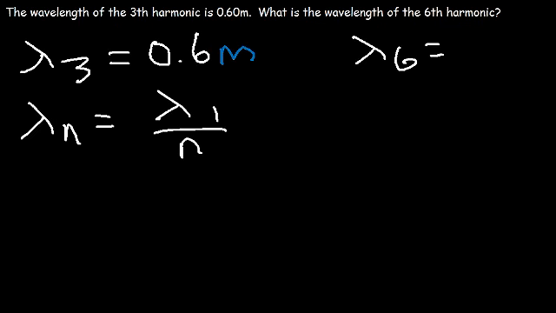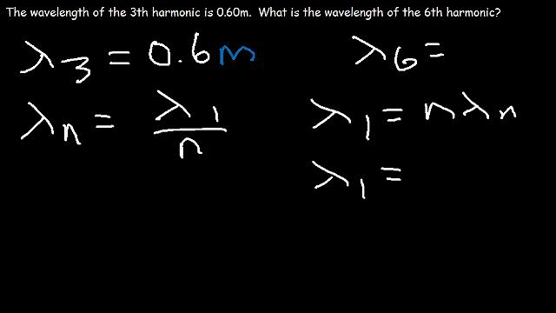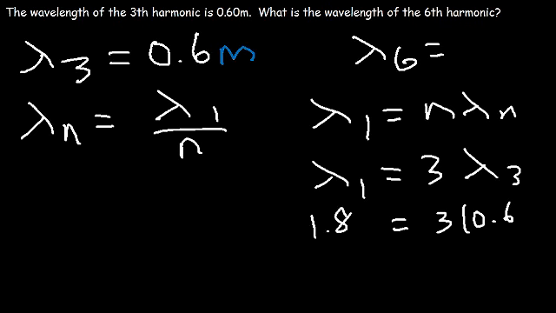So if we multiply both sides by n, lambda 1 is equal to n times lambda n. So lambda 1 is basically 3 times lambda 3. So that's 3 times 0.6, which is 1.8 meters. So the fundamental wavelength is 1.8 meters.